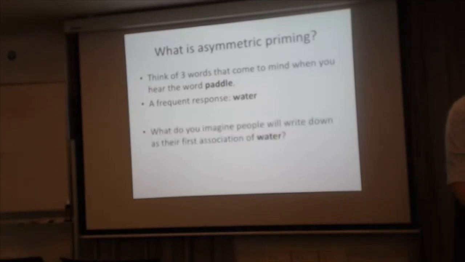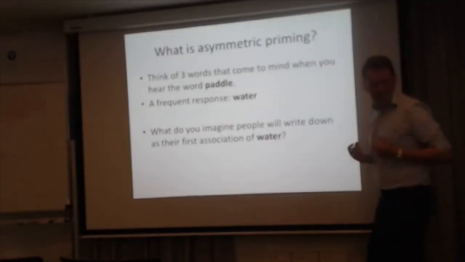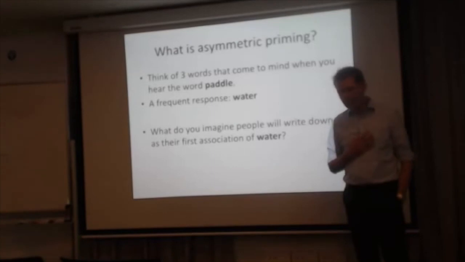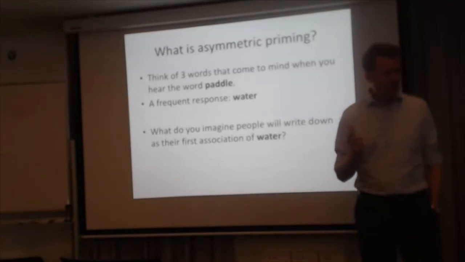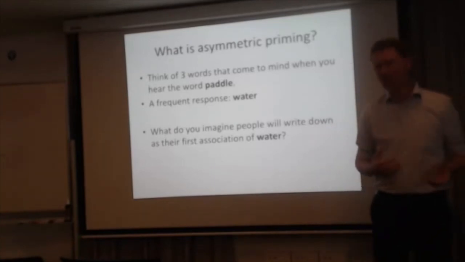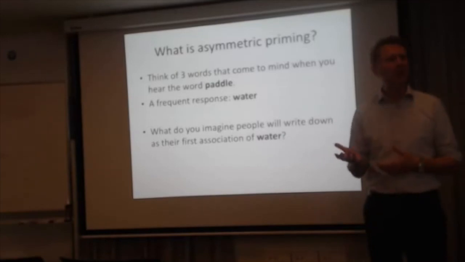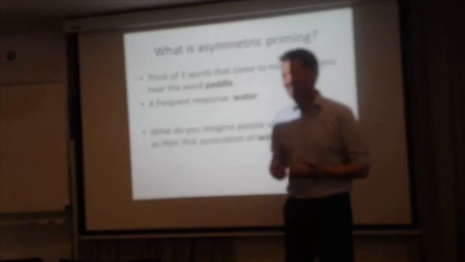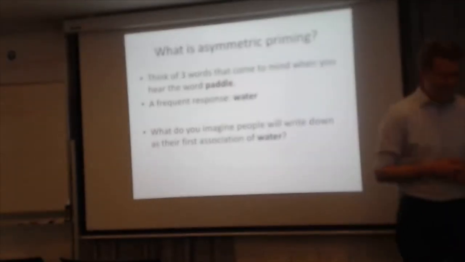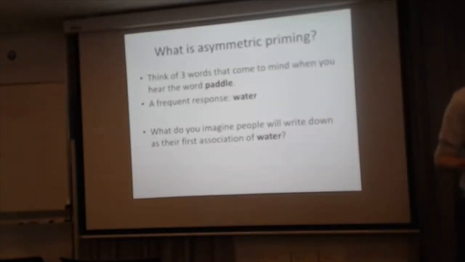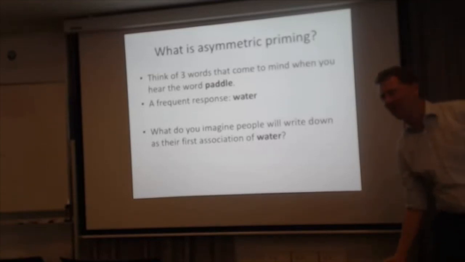Okay, now imagine, what do you think people will write down when you give them this task in reverse? So here's a word, water. What are the first 5 words that come to mind when you hear water? And in that case, people offer things like rain or ocean or things like that, but paddle is probably way, way, way down on the list.